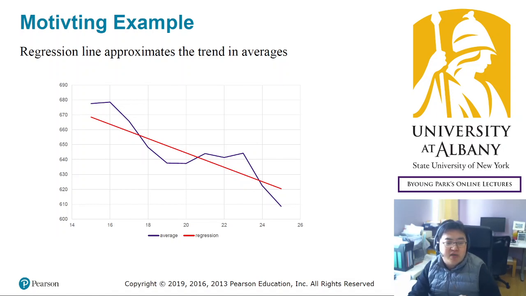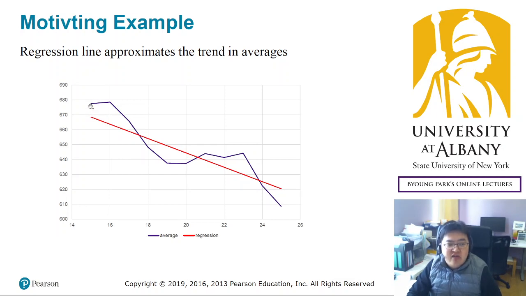Hello. So here I explained the motivating example for a linear regression model. The key idea is we group the data by student-teacher ratio and calculate the group-wise within-group averages, which is more formally called the conditional expectation.